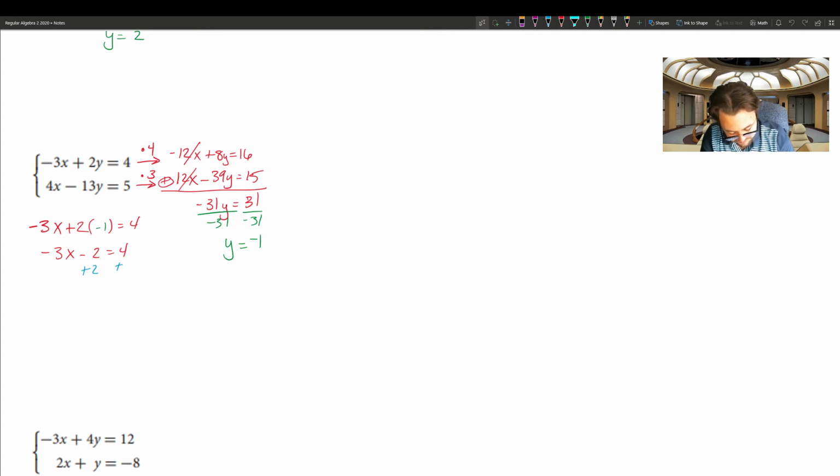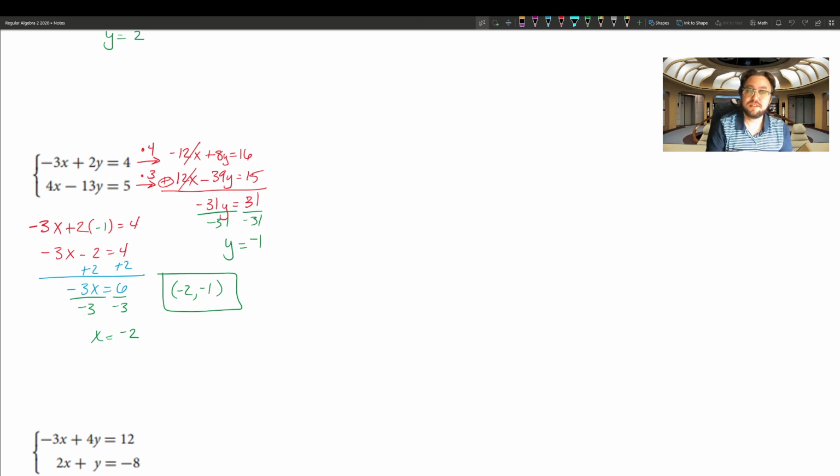Add my 2 to both sides. Negative 3x equals 6. We'll divide by that coefficient of negative 3, and we'll get that x equals negative 2. Put our answer back in a coordinate, x comma y: negative 2, comma negative 1.